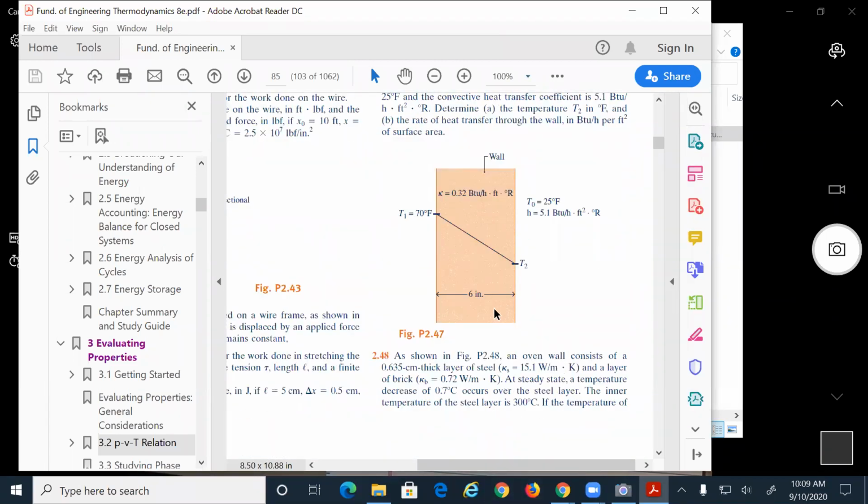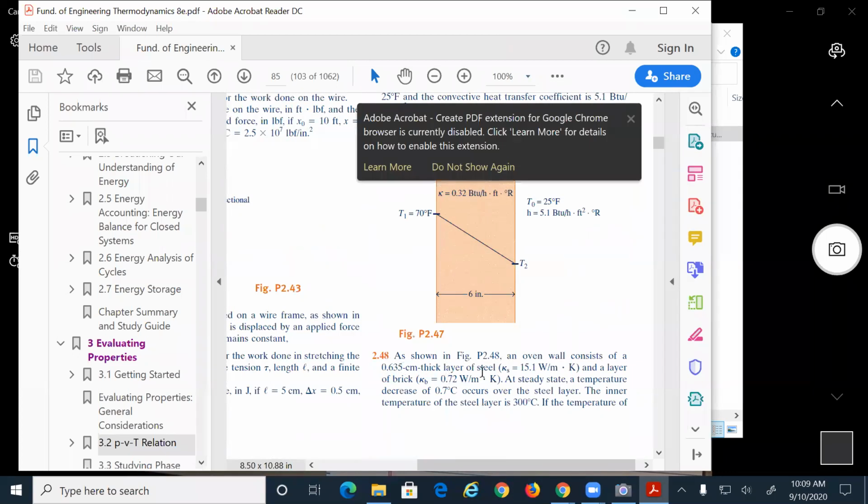As shown in figure 2.48, an oven wall consists of a 0.635 centimeter thick layer of steel with Ks equal to 15.1 and a layer of brick with K equal to 0.072. At steady state, a temperature decrease of 0.7 occurs over the steel layer.